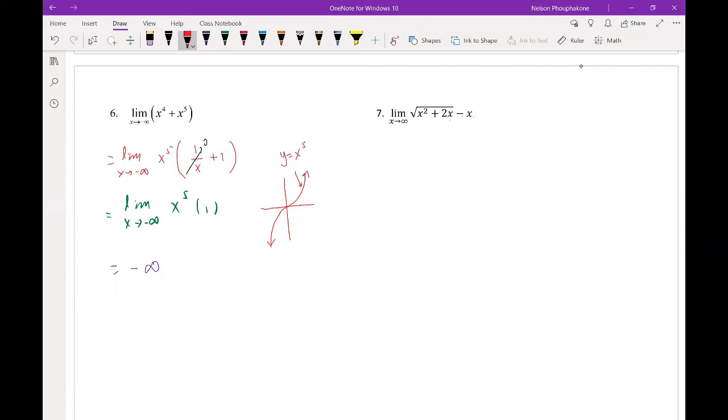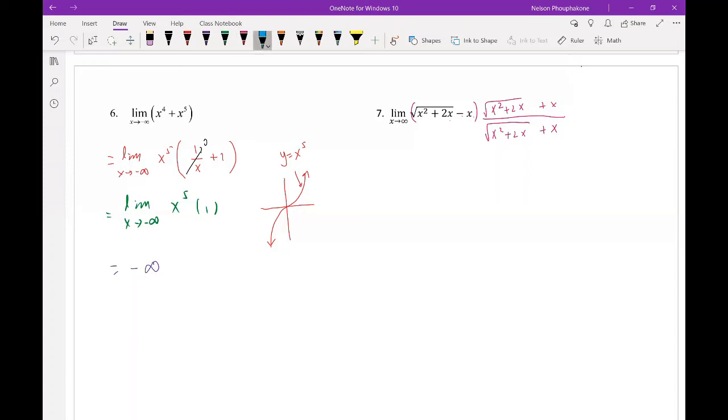So in this case, how do we approach this problem? I have the square root of x squared plus 2x minus x. What I'm going to do here is multiply this by the conjugate pair, square root of x squared plus 2x plus x. This is what we need to do: work with the conjugate pair. Now try to pause the video and work on number 7 to see if you know how to do this.